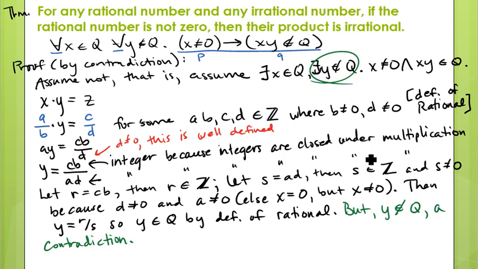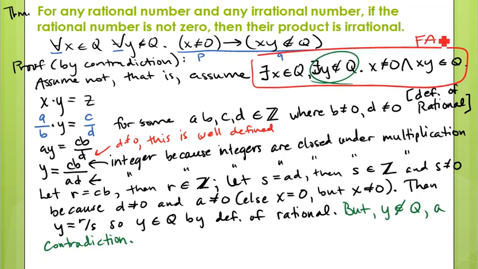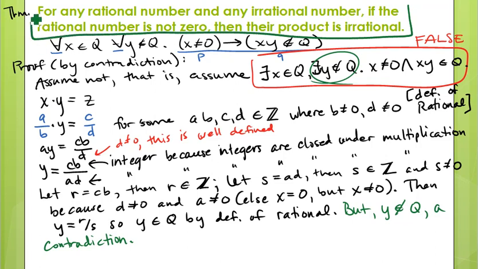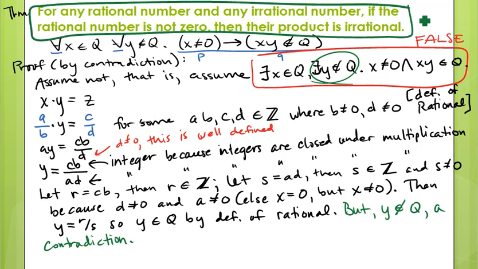So, what's convenient about knowing that this statement here is false is that it is the negation of our theorem. So if the negation of our theorem is false, what does that say about our theorem, right? It says that our theorem is true.